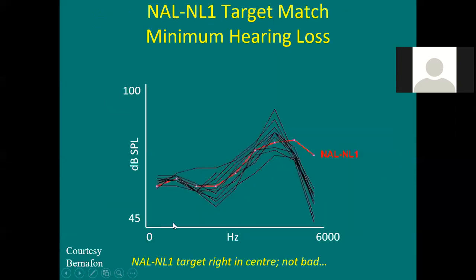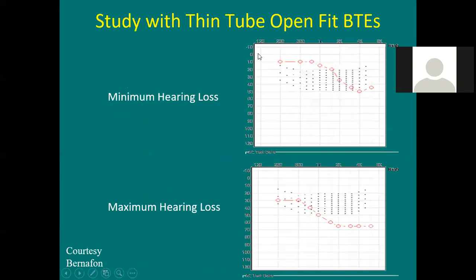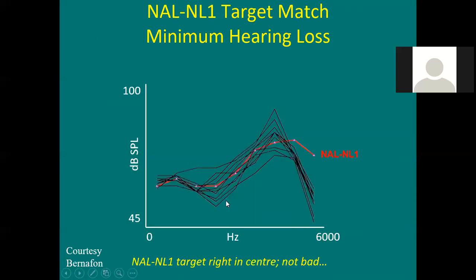So here's your NAL-1 targets for this hearing loss, the mild loss. And look at the variation. The NAL-1 target match, minimum hearing loss. And look at how much all the manufacturers varied around it. But all of them were asking for less in the highs.